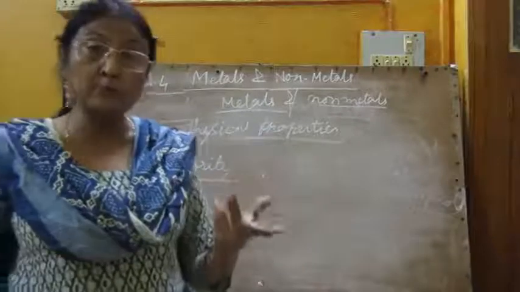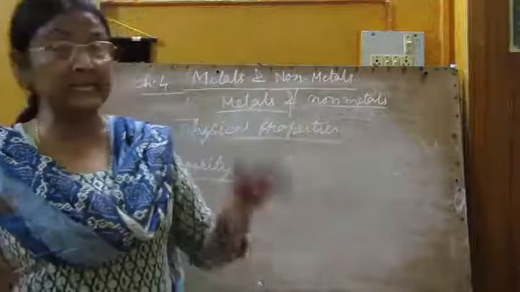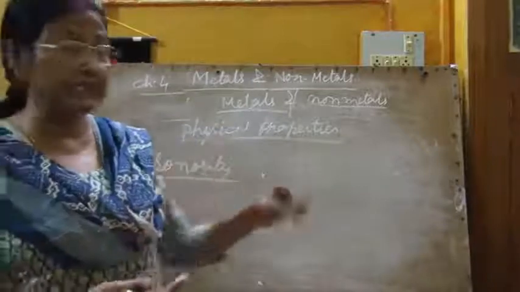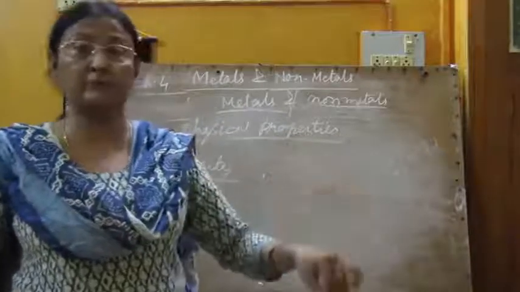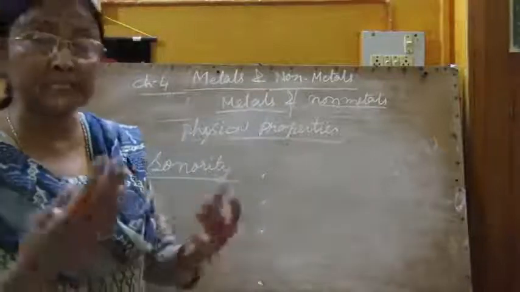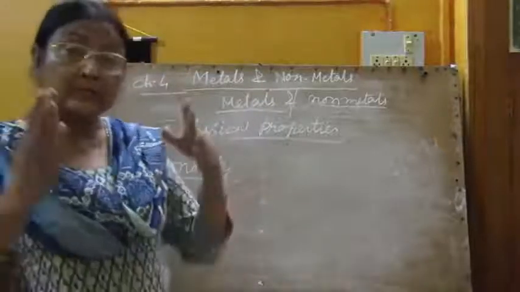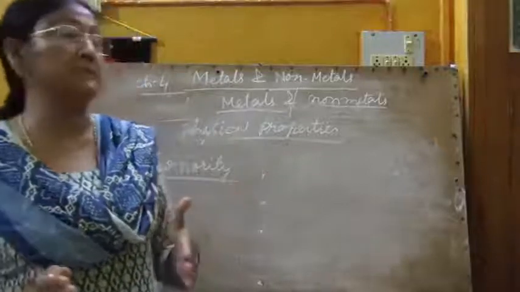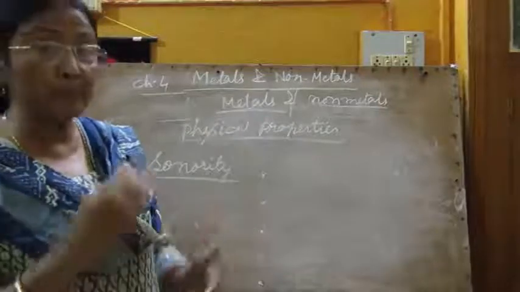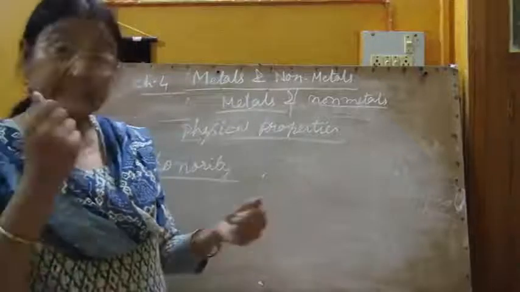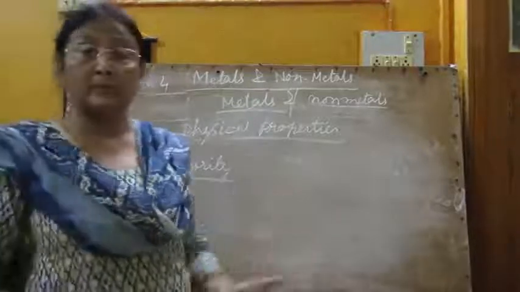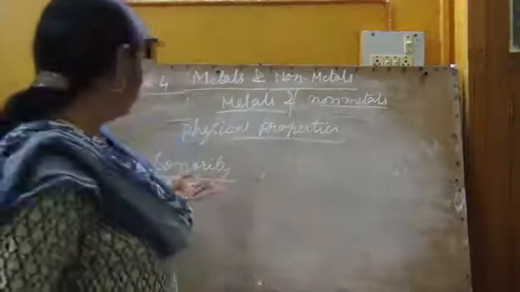If you take a spoon, or crockery, any plate made of any metal, and make it fall on the ground, then you will hear a sound. This property of metals to make sound is called sonority.